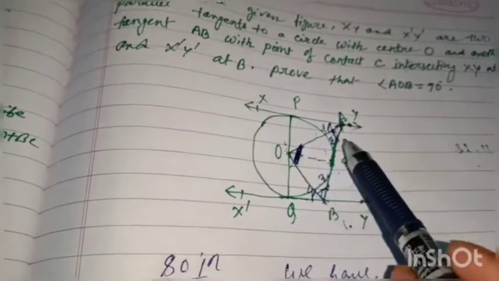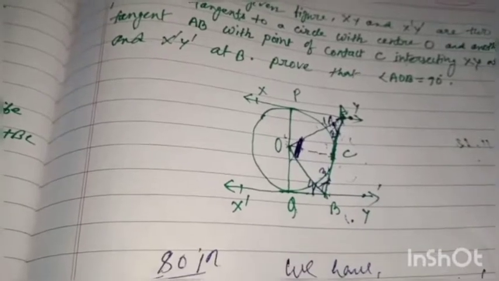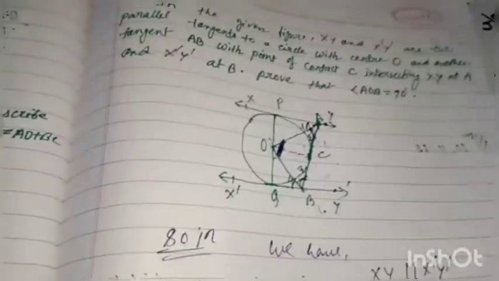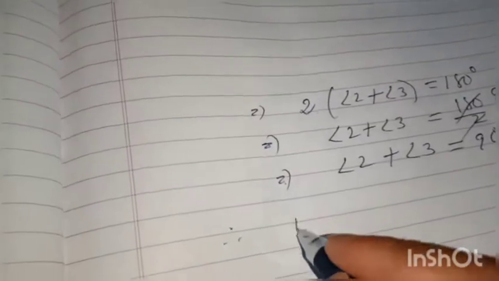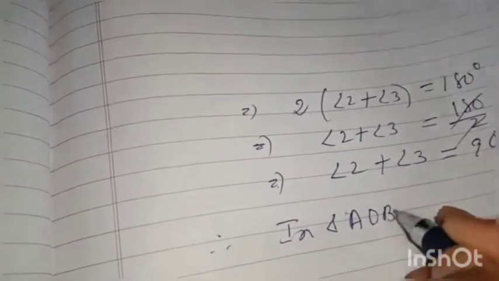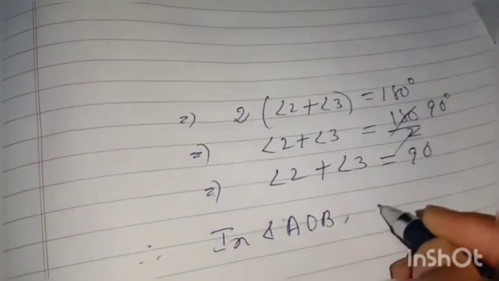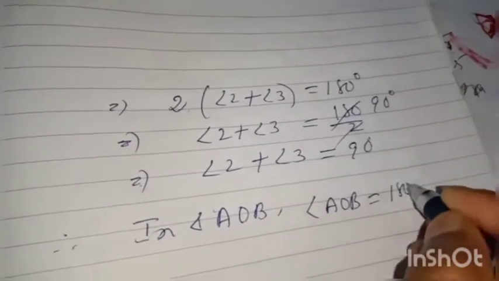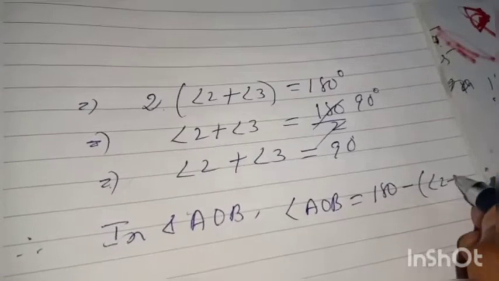Yes or no? So using what? Angle sum property, you can find out this is 90. So in triangle AOB, angle AOB is equal to 180 minus (angle 2 plus angle 3).